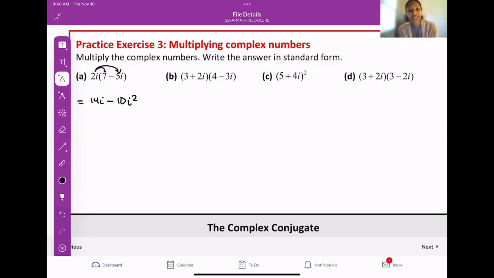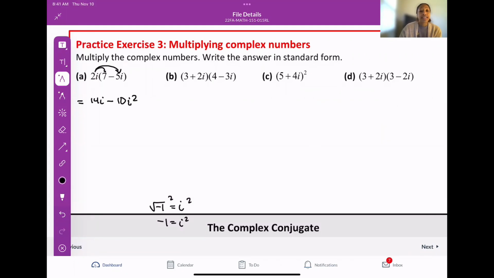Remember I said there's a gotcha. How did we define i squared at the very beginning? Or how do we define i? Remember we said the square root of -1 is equal to i, which means that i squared, if we square both sides here, would be equal to -1. So anytime we see an i squared, we can simplify that a little bit.